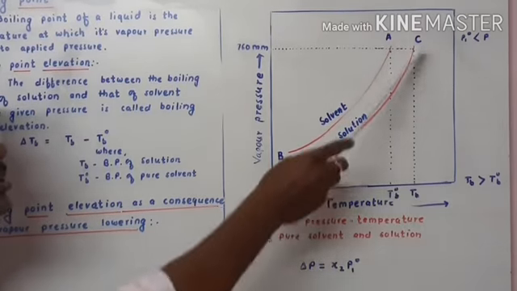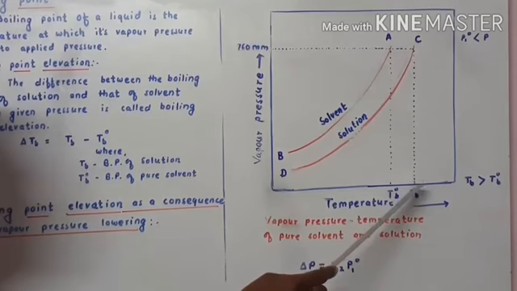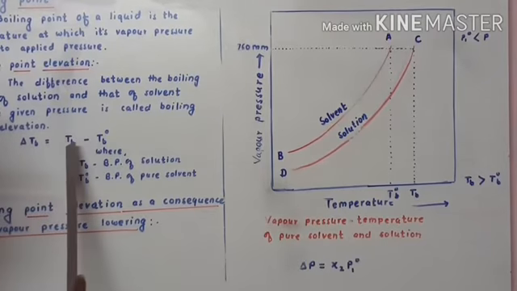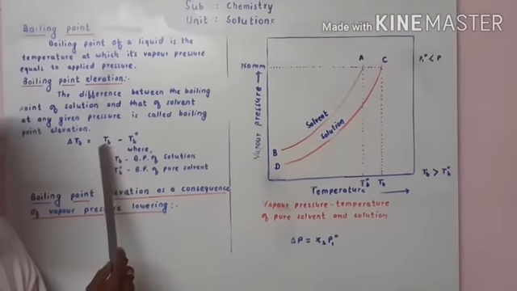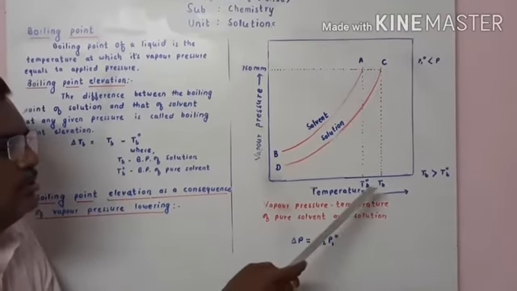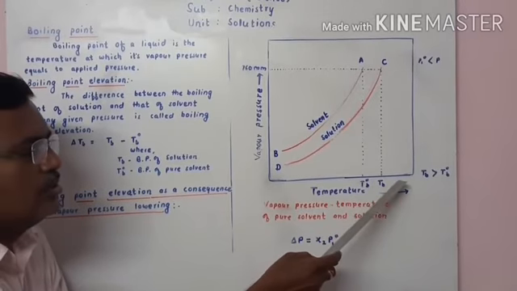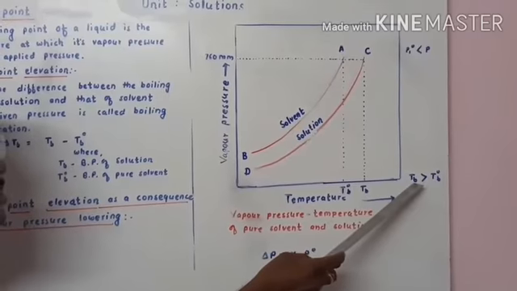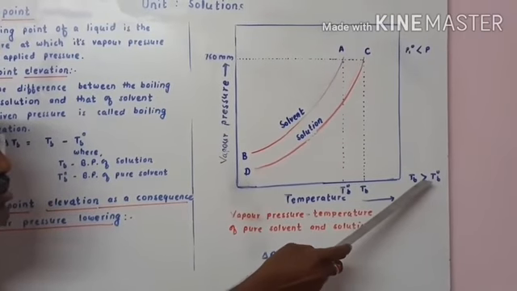So this TB is the boiling point of the solution. The difference between this TB and T0B is our boiling point elevation. The boiling point of the solution is always greater than the boiling point of the pure solvent.